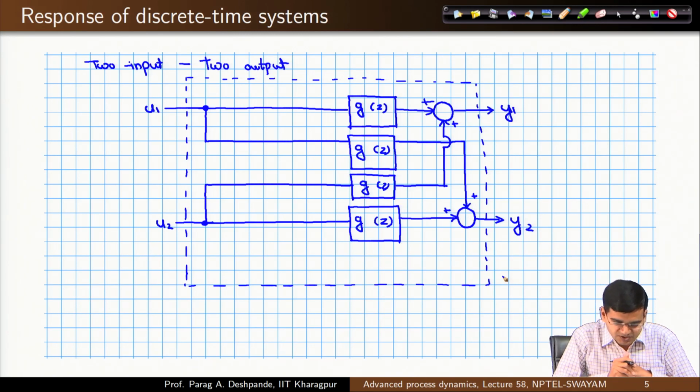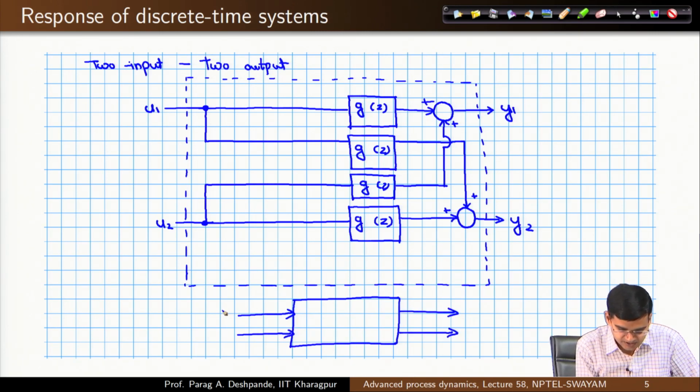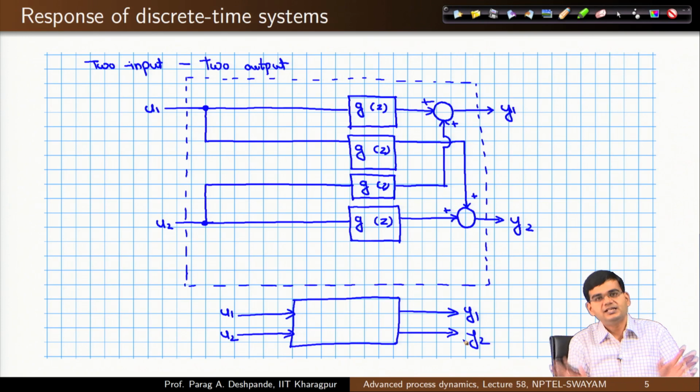So, what I can do is assign a block which has two inputs and two outputs, u1, u2, y1, y2, and inside that there is a set of operations.